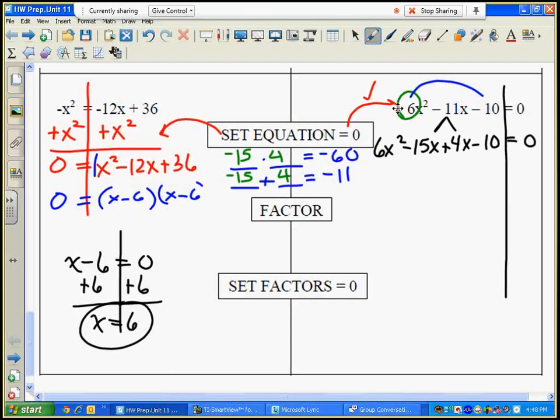All right, so let's see here. Now we've got it so that the grouping will work. We've got two groups. Take a look at the first group, 6x squared minus 15x. They both share a 3 and an x, so that's what I'm going to factor out of that. And when I do, I'll get a 2x and a minus 5. And then I take a look at the second group, 4x minus 10.